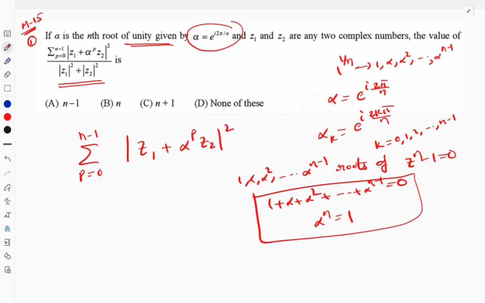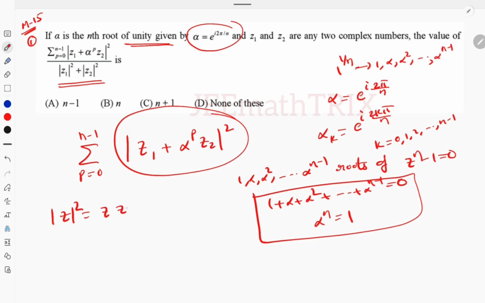Now look into the question here. We are dealing with an expression in the numerator, modulus of z1 plus alpha power p z2, whole power 2. We know that mod z square can be written as z into z bar, where z bar is the conjugate of z.